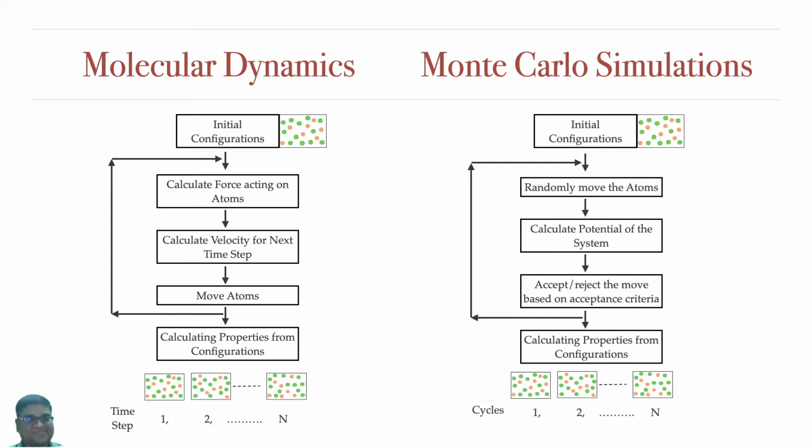We know the temperature, and you can calculate the pressure, volume, density, potential energy, and kinetic energy in the case of molecular dynamics. In Monte Carlo simulation, only potential energy we can calculate. And we can learn a lot from the collection of these configurations. So this is the introduction to both molecular dynamics and Monte Carlo simulations.